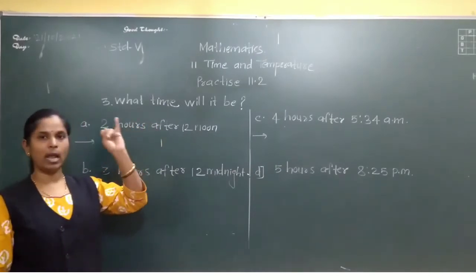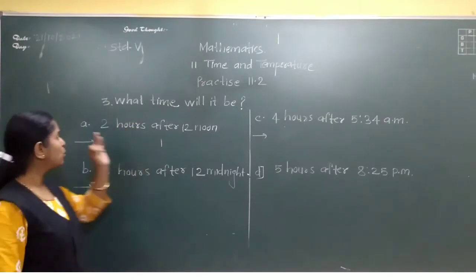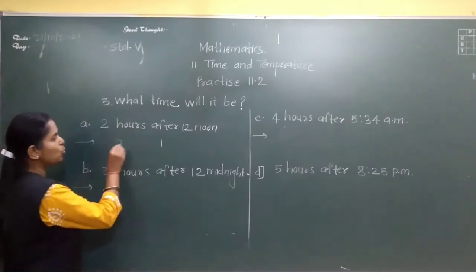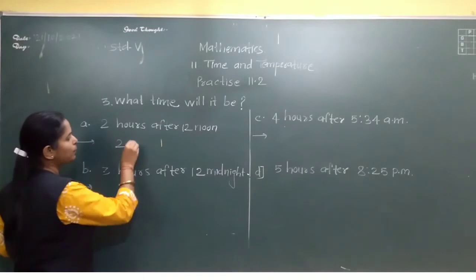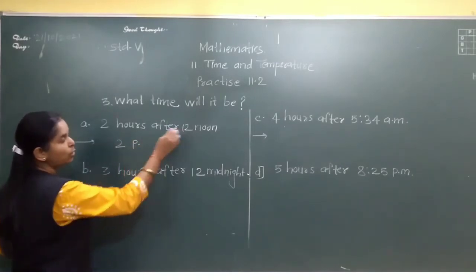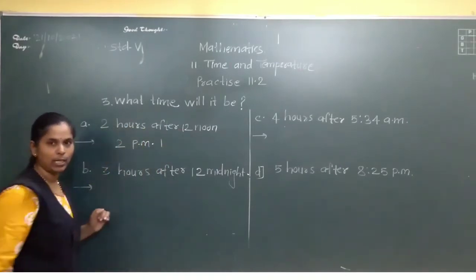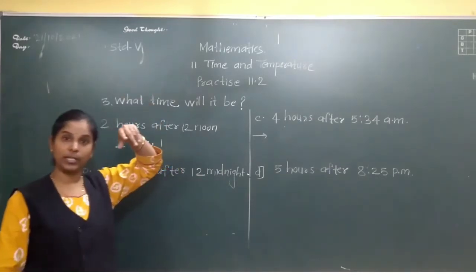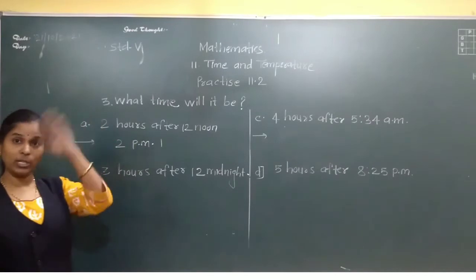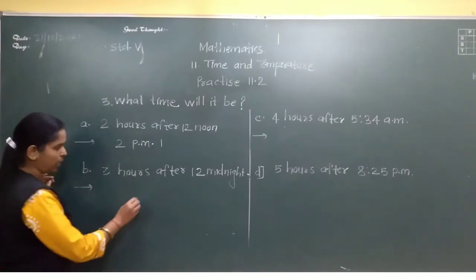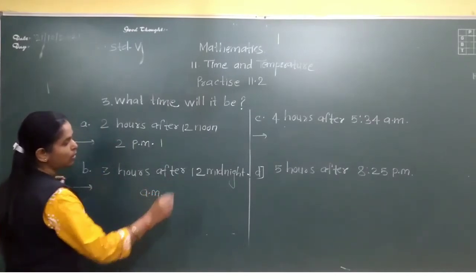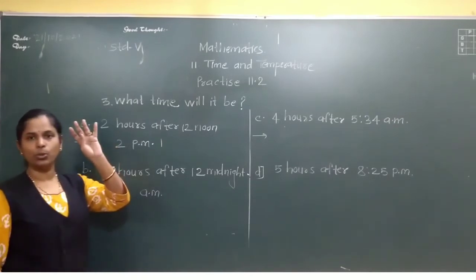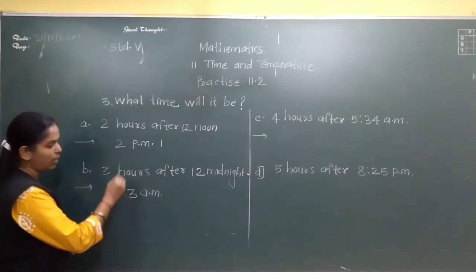So 1 and 2. Correct? So 2 hours after 12 noon means 2, AM or PM? Afternoon, so it will be PM definitely. Next, 3 hours after 12 midnight. After 12 midnight means AM it will be. And the time will be 1, 2, 3 AM.